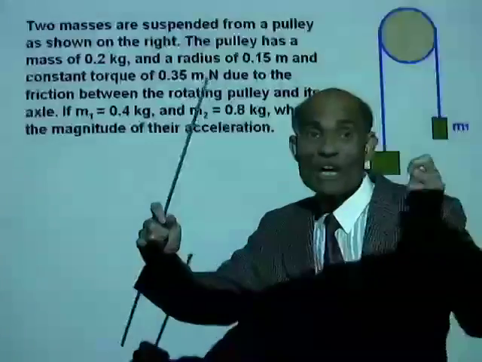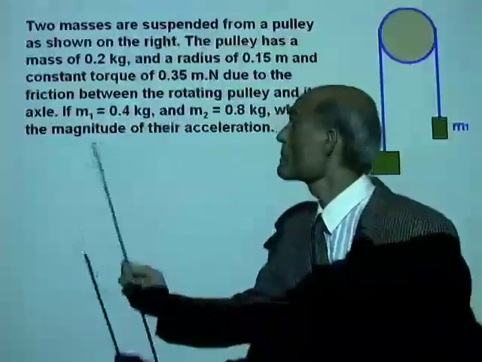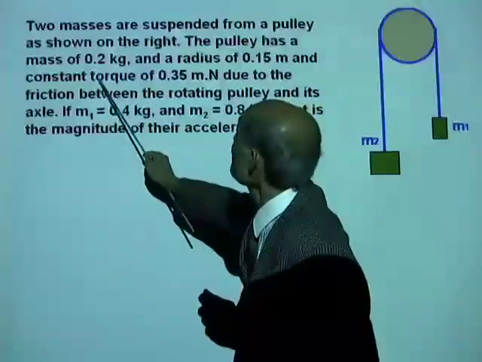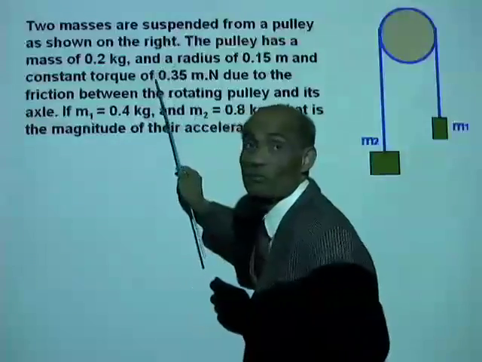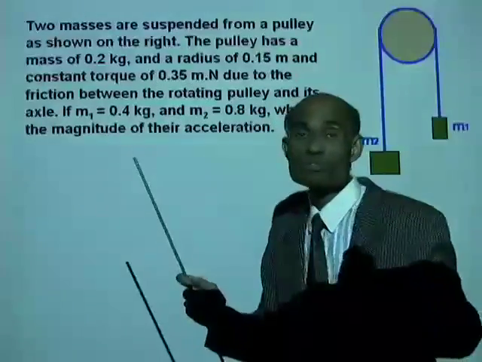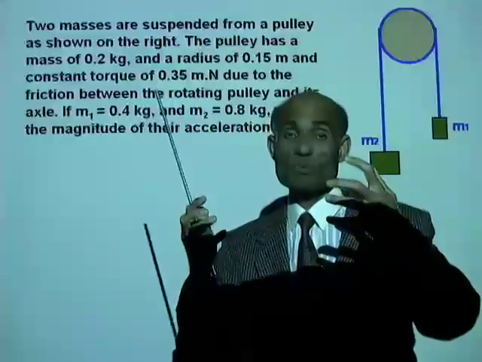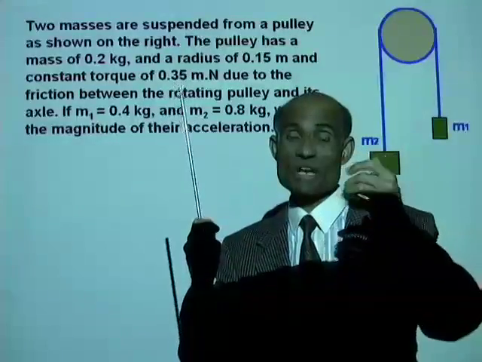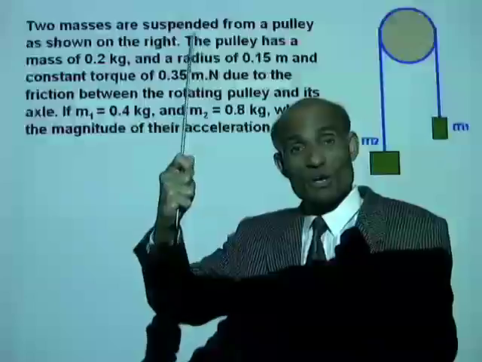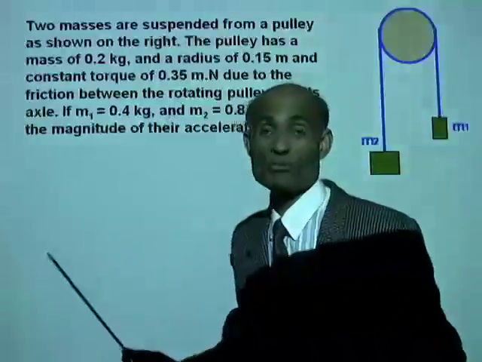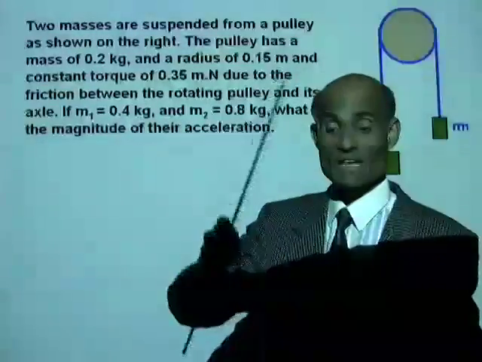So there is a constant frictional torque. 0.35 meter Newton is the frictional torque between the pulley and the axis of rotation. Means that will be opposing the rotation caused by an external torque.